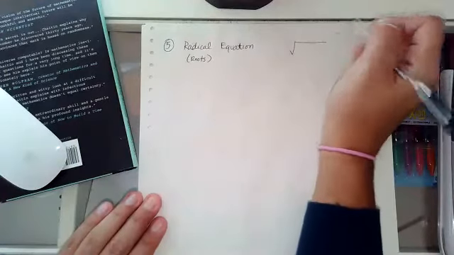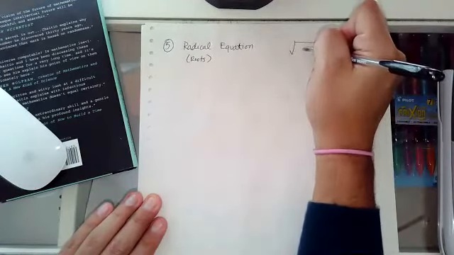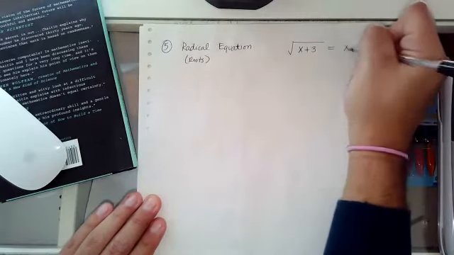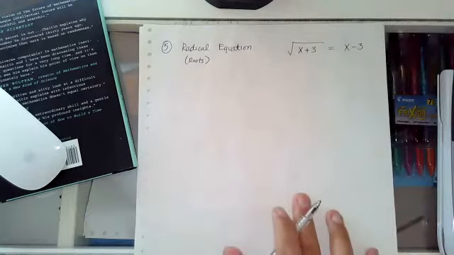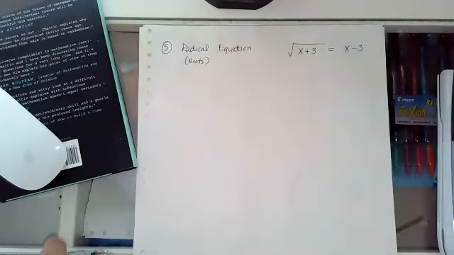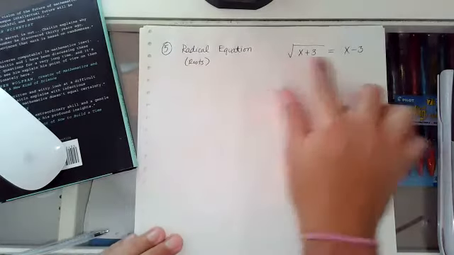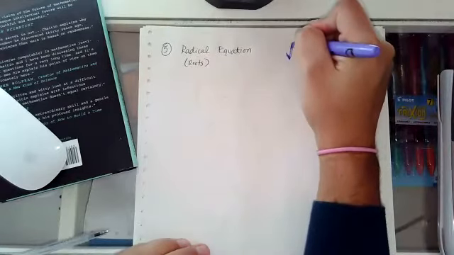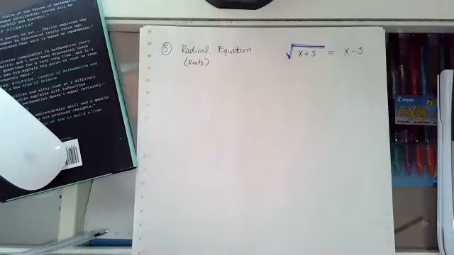The square root, well, let's just do x plus 3 is equal to x minus 3. Now, we're going to have to figure out how to deal with this radical part of the equation. This is not a polynomial equation. So the exponent that we have here can't really tell us how many solutions we're going to have until we can cancel out this radical symbol.